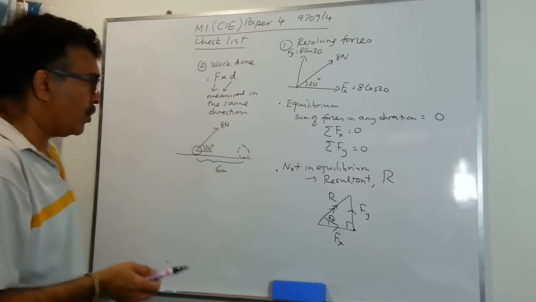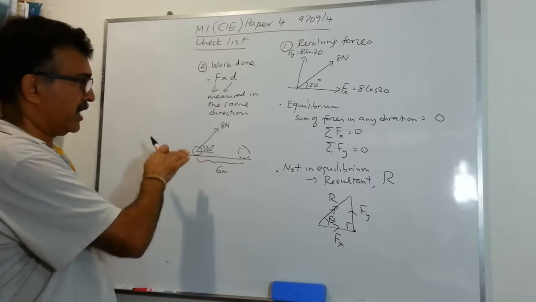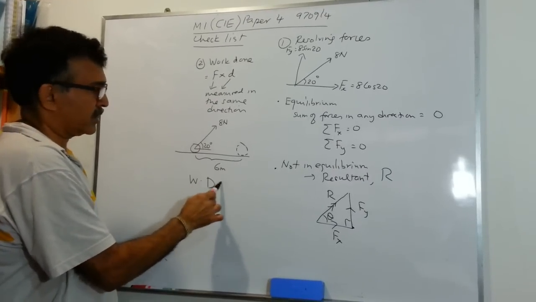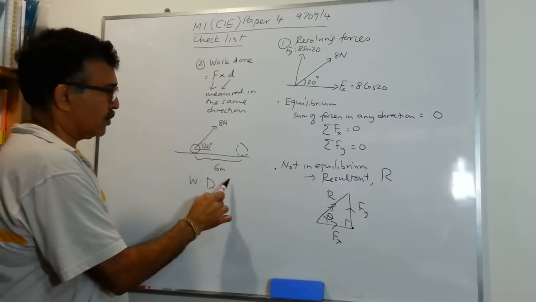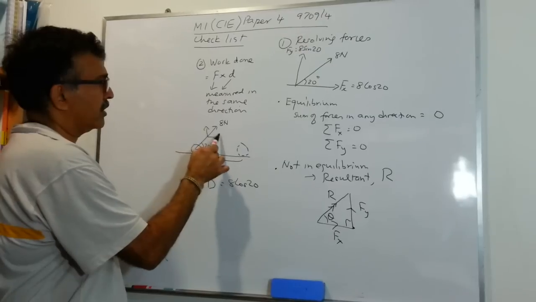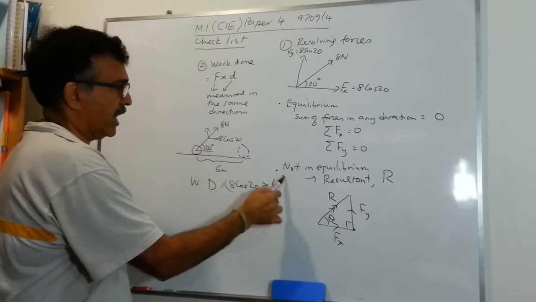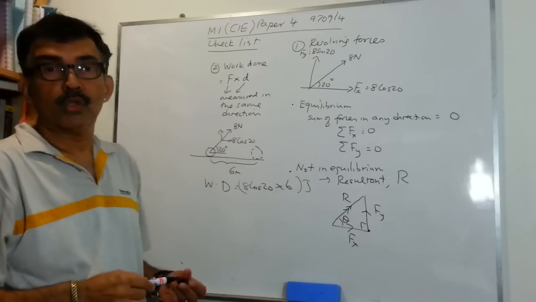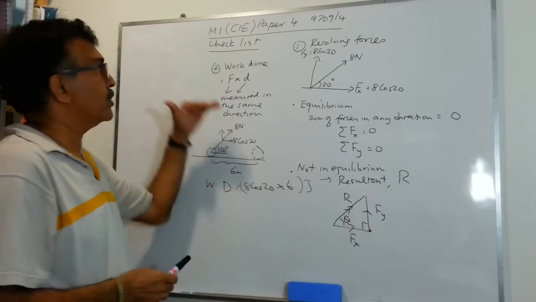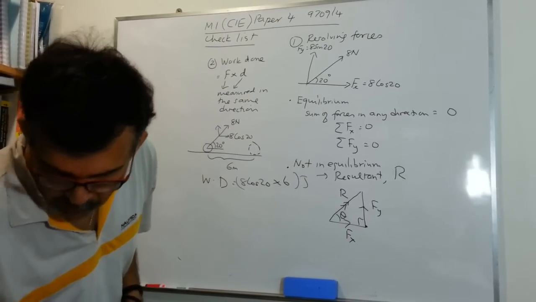Remember the distance you're measuring is in the horizontal direction, 6 meters, therefore the work done, WD, will be equal to 8 cos 20, because that's your horizontal component, times 6, and we are done. Your answer will be in joules. That's what I mean by your F and D must be in the same direction when you work out your work done. Keep those things in mind.